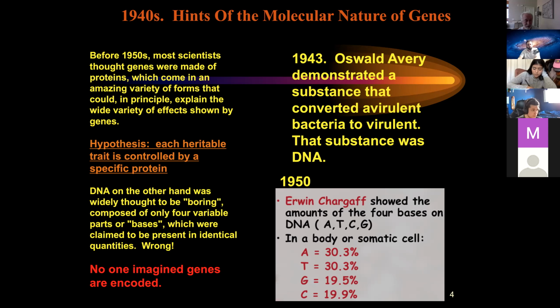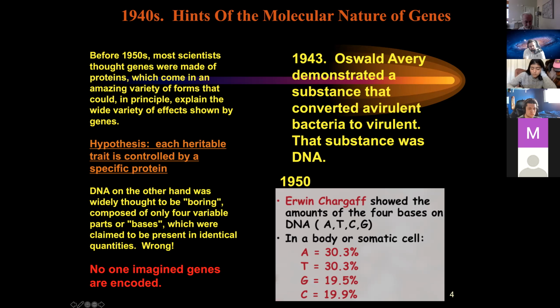And so scientists said, well, we can rule out carbohydrates because there's not enough variation. Carbohydrates are just long chains of sugar monomers, no information there. Ruled out lipids for the same reason, and ruled out DNA because, it says on the bottom left here, it was widely thought to be a boring molecule composed of only 4 variable parts.